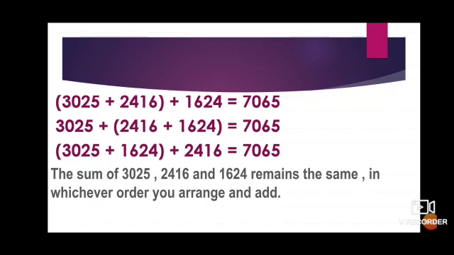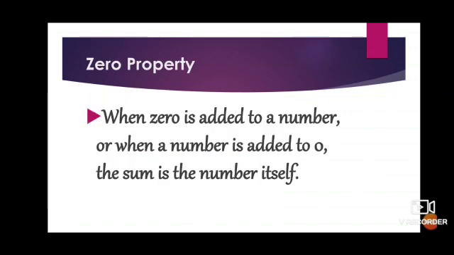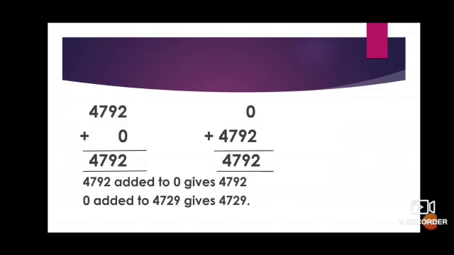Now let's move on to our last property, which is zero property. Zero property says that when 0 is added to a number or when a number is added to 0, the sum is the number itself. Is it correct?